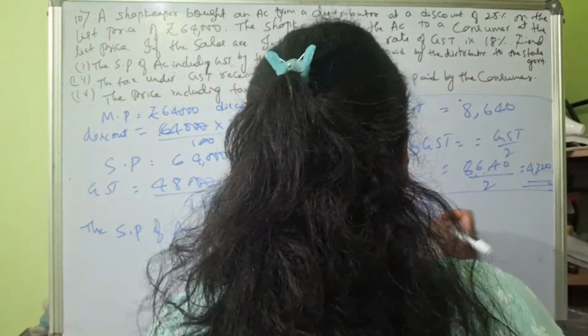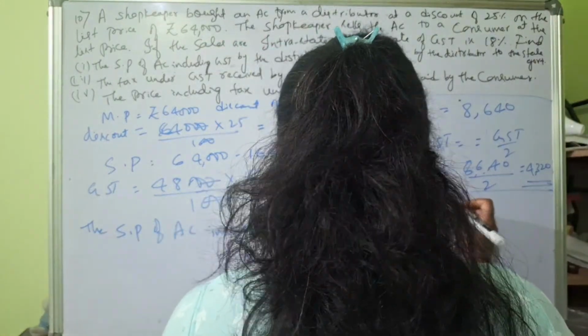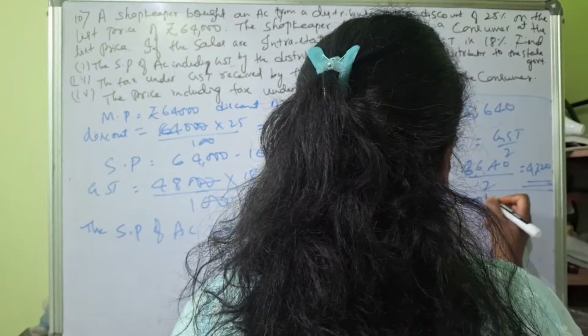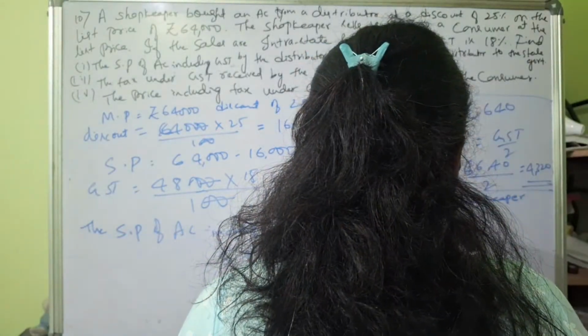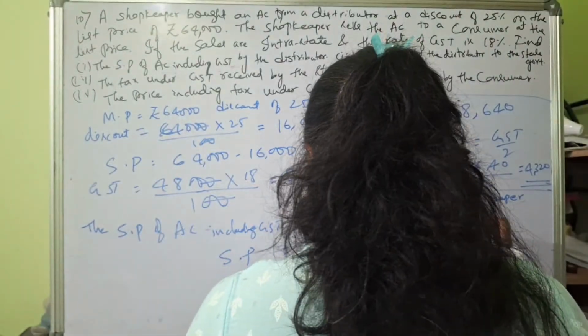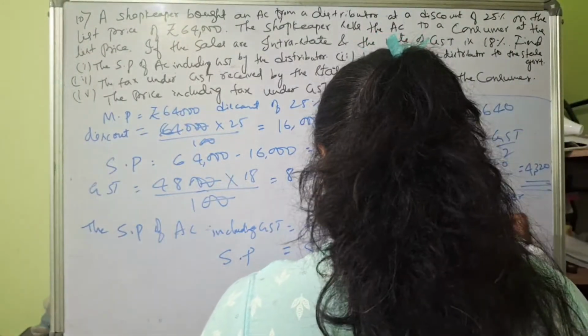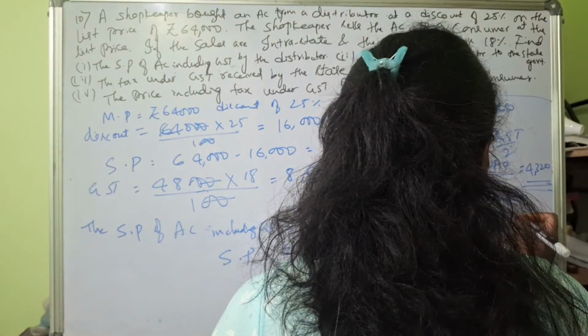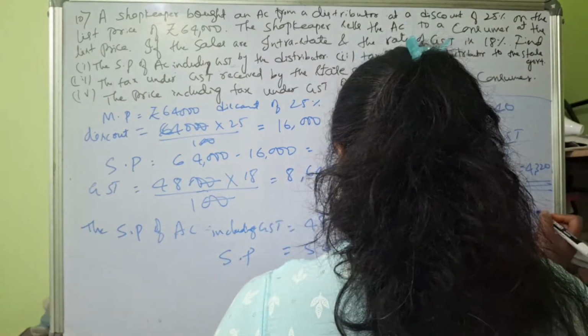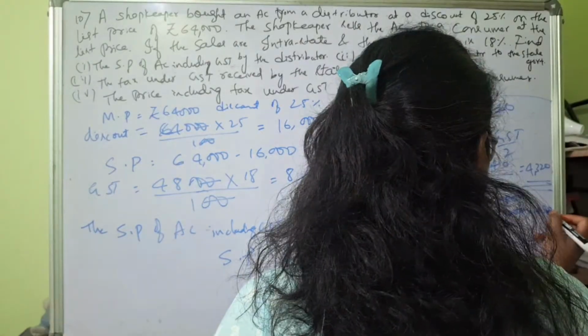So for the shopkeeper, cost price is equal to selling price for the distributor, which is equal to 48,000.